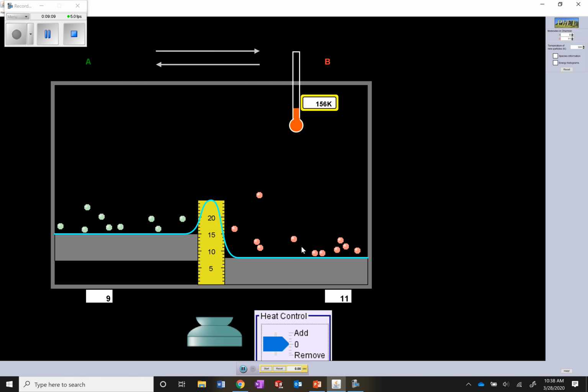But on the reverse, if we look at the reverse reaction from B to A, these red dots need a lot more energy, from 8 up to 25, a difference of 17, whereas these ones need a difference of 10. So 7 more energy units are required from the right side to get over the hump here to form our product.